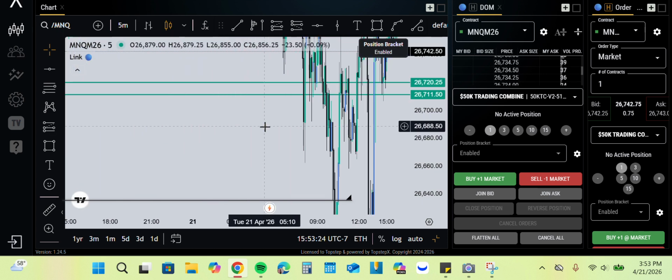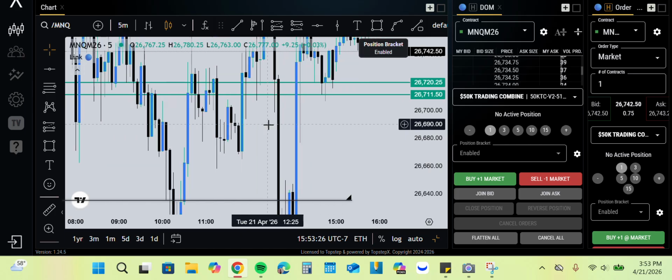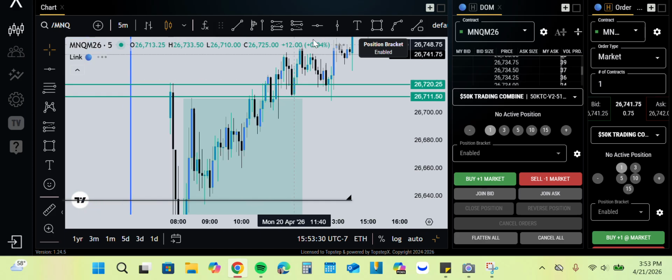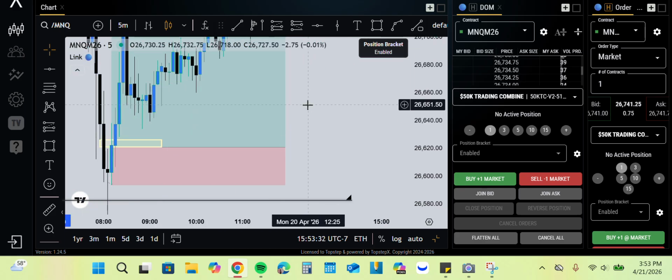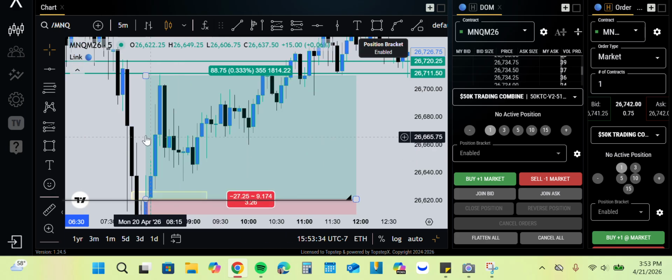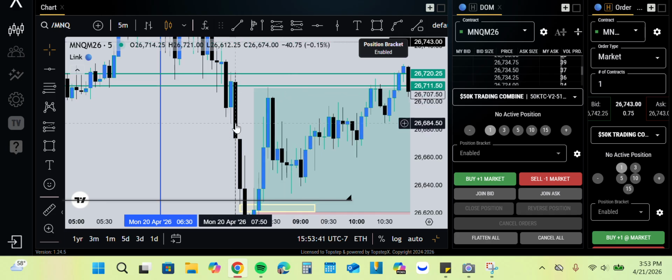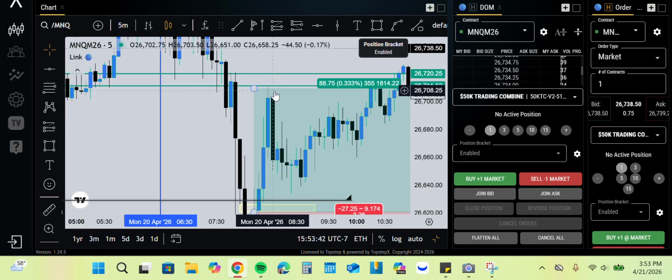Let's go back on the 5 minute, see where we're at. So on the 5 minute, it hit our liquidity point. And the reason I didn't sell here is because I didn't have a strong reversal signal.